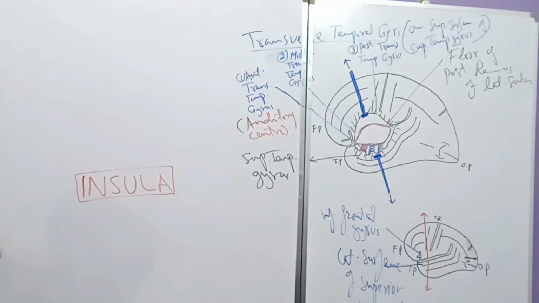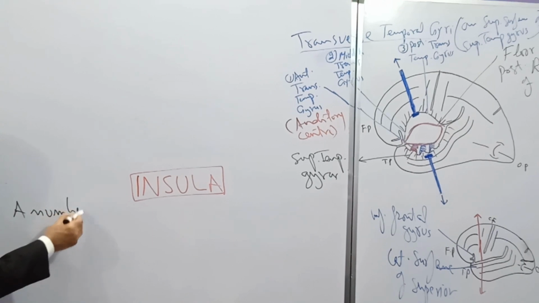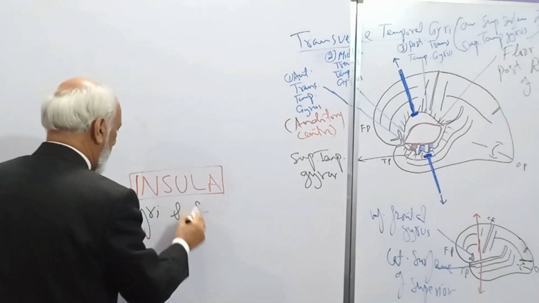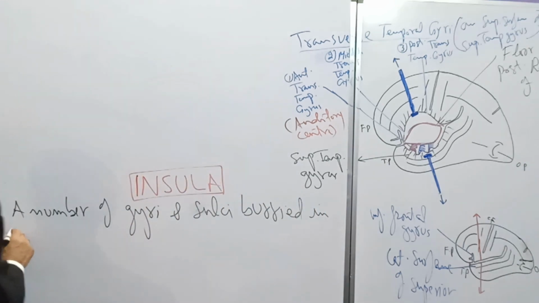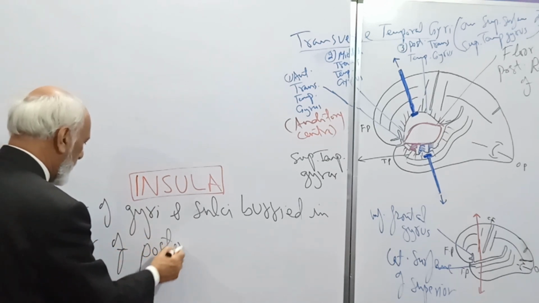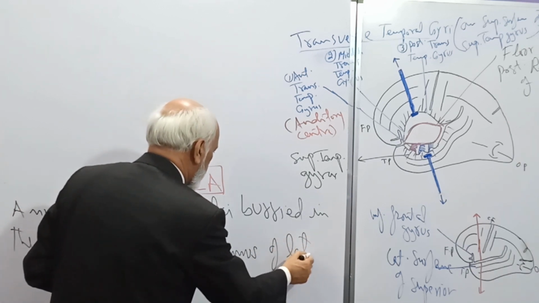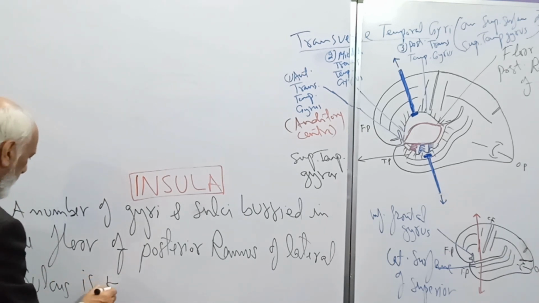Now, what is the insula? A number of gyri and sulci buried in the floor of the posterior ramus of the lateral sulcus is known as the insula.